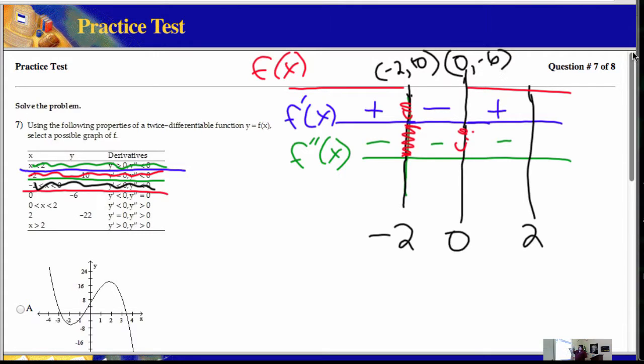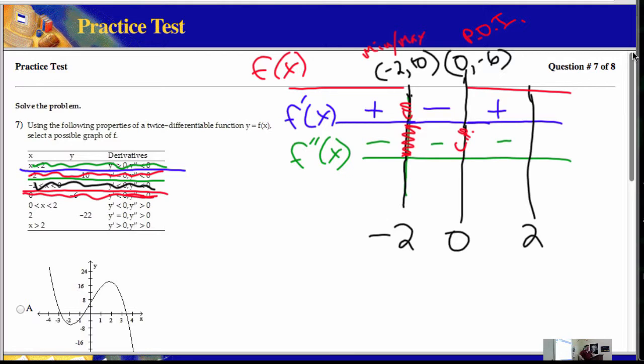Now what does that tell us? That tells us that here, this is possibly a min or a max, because it's a critical point of f prime. When we have a critical point of f double prime, that means that it's a point of inflection, right? Because y double prime is 0. So we're done with that information. You guys with me so far? Am I going too fast?